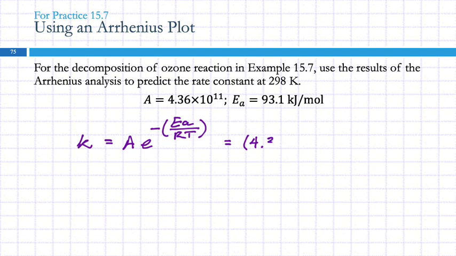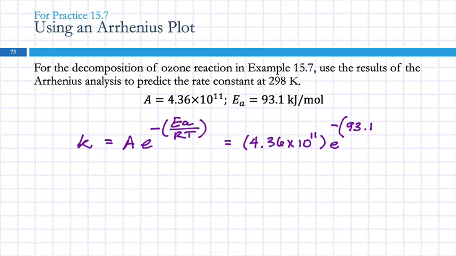So 4.36 times 10 to the 11 e to the negative, this is in kilojoules. It needs to be in joules to do this calculation.